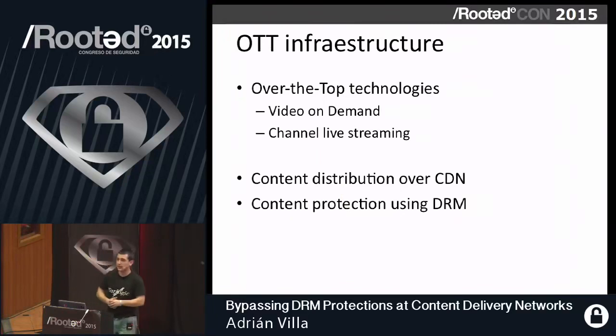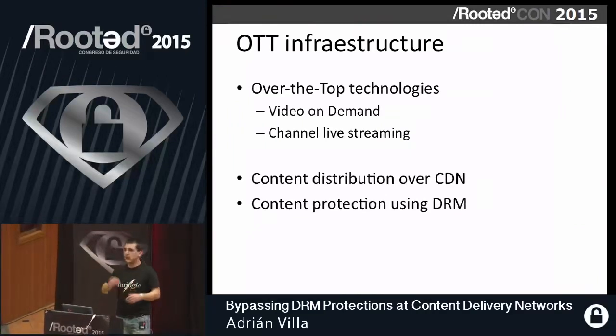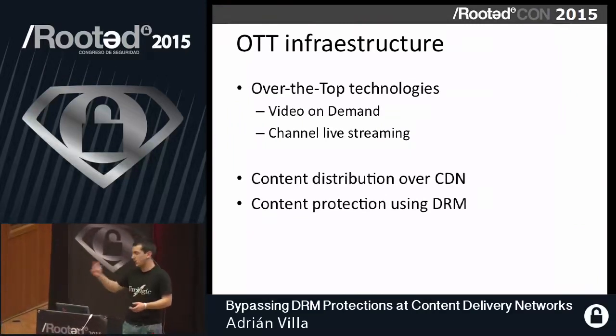All right, what is an OTT infrastructure? These are infrastructures that allow us to distribute multimedia content, whether it is audio and video, on the internet to the subscribed clients. It is divided in two groups: video on demand, for instance Spotify or Netflix, where you can watch your series and movies when you want.